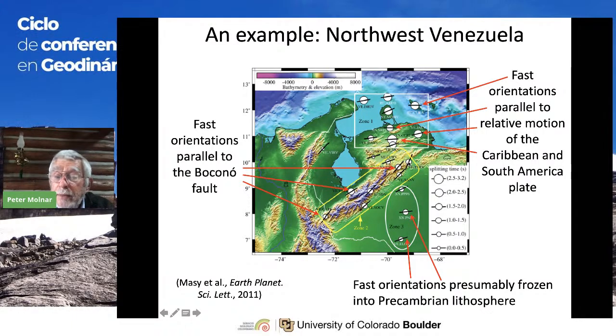And I should say the length of the line is proportional to the time between the two quasi-S waves, which is proportional to the degree to which the upper mantle is anisotropic. Now, if you go into the Guiana Shield, you still have anisotropy. Presumably that's because these are frozen into Precambrian lithosphere, and it's been anisotropic for a long time. That's my presumption, at least.